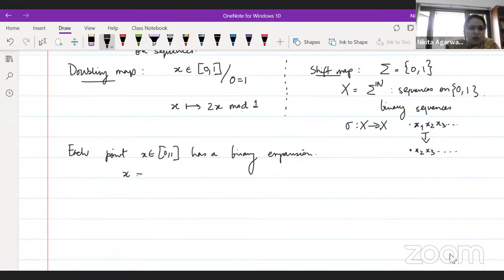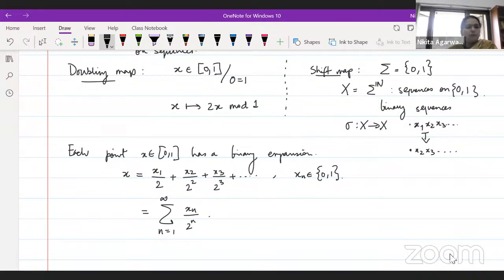Meaning that you can write x as x1 by 2 plus x2 by 2 square plus x3 by 2 cube and so on, where xn belongs to {0, 1}. And this, in shorthand, can be written as the sum from n goes from 1 to infinity of xn by 2 to the n.